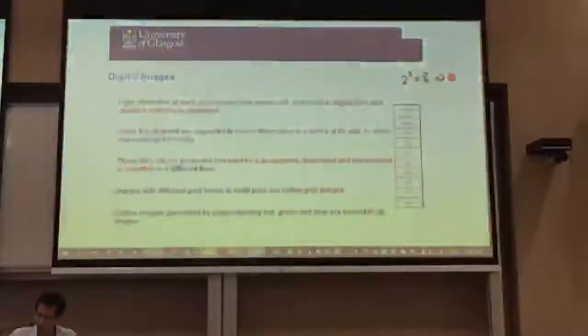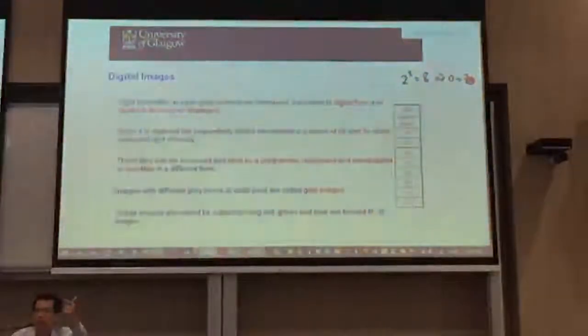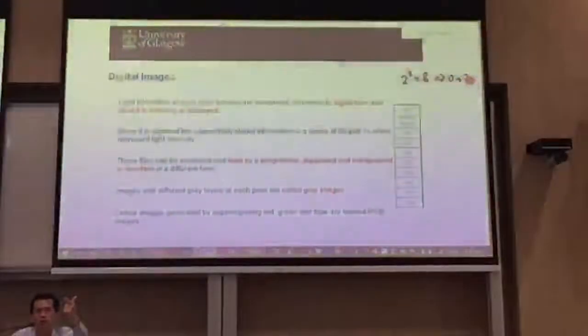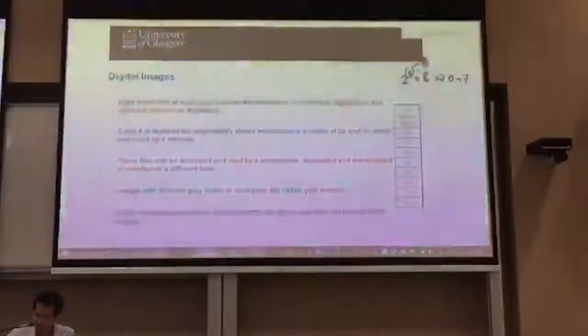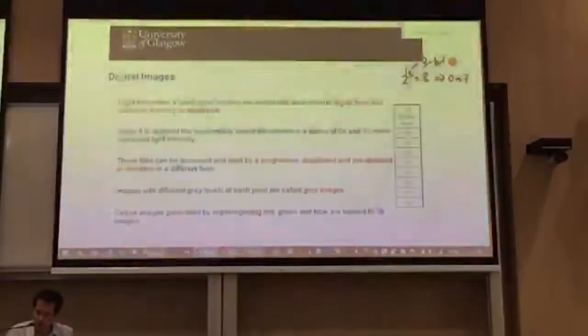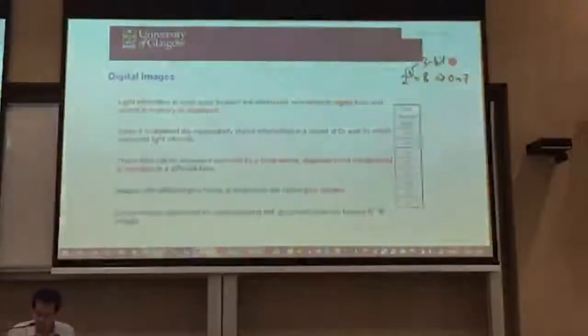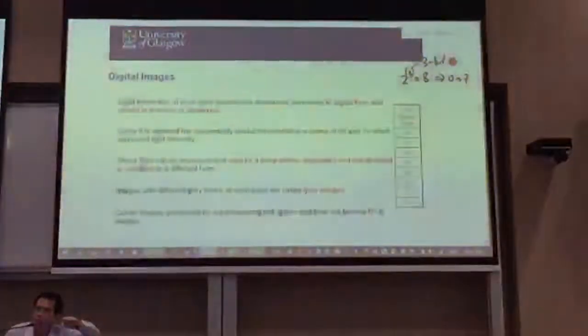And 8 here means it's from 0 to 7: 0, 1, 2, 3, 4, 5, 6, 7. That's 8. So that is 3-bit. For a 3-bit image, you could imagine that the level of gray contrast is not that much.